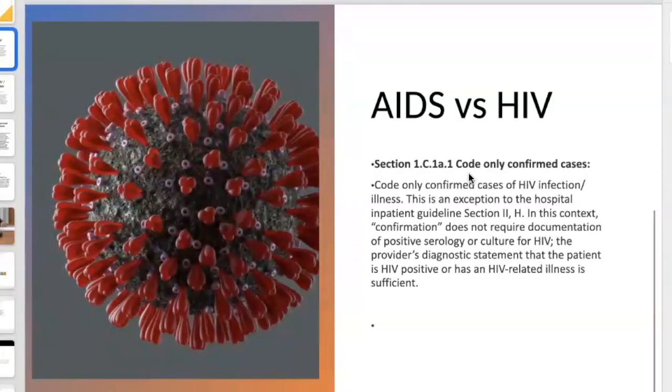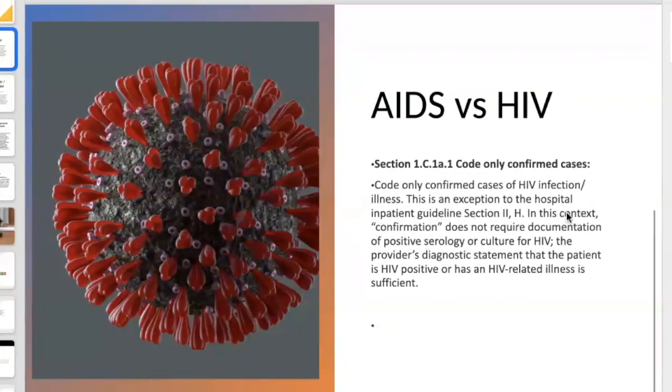AIDS versus HIV. Is there a difference between these two? Now, this narrative, guys, came straight from the coding guidelines. I'm going to read Section 1, Chapter 1A, dot 1, code only confirmed cases. It goes on to explain: code only confirmed cases of HIV infection or illness.